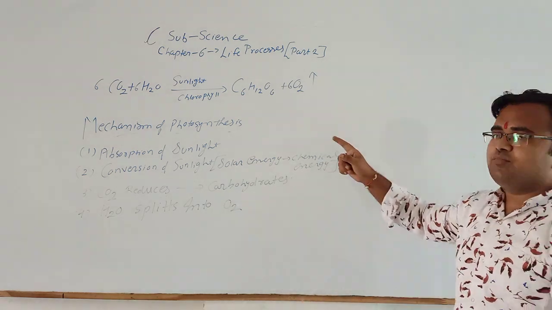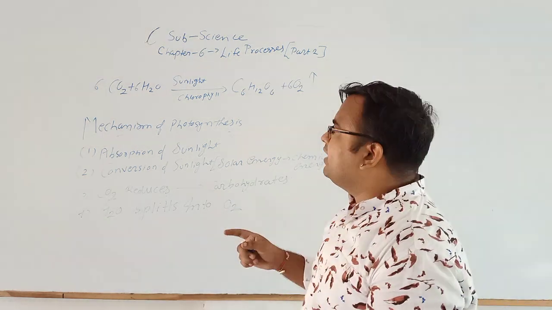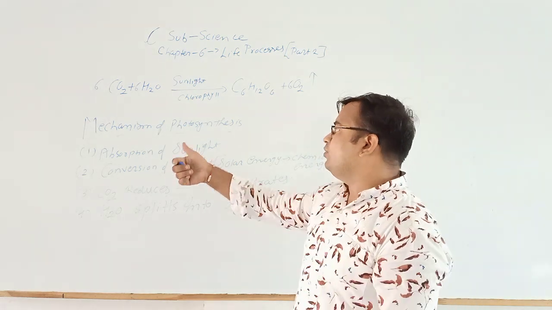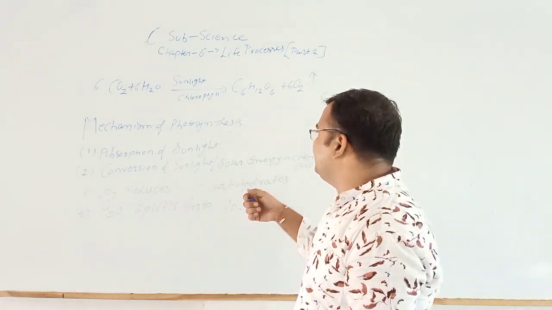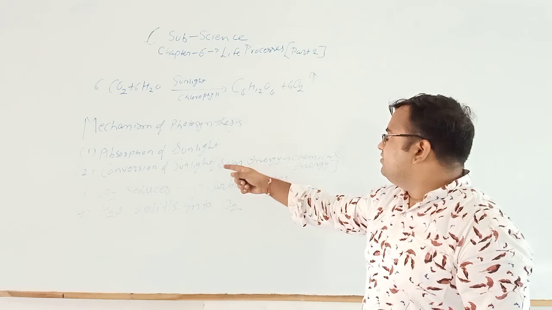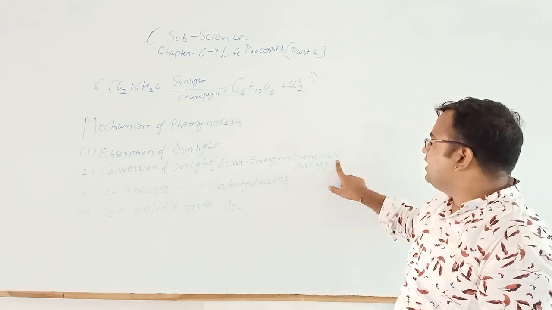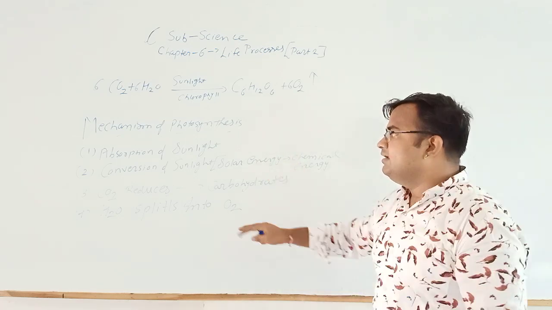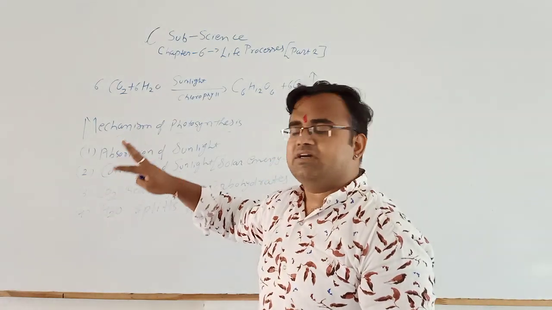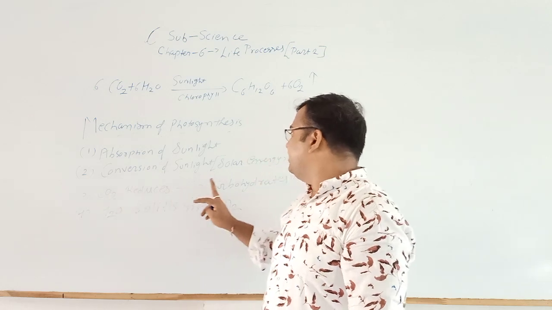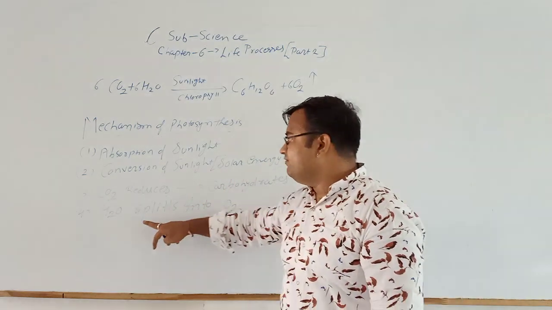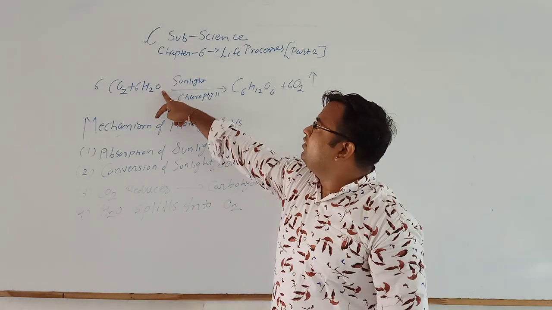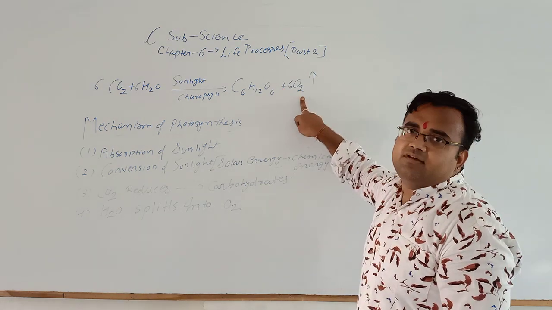Okay, this is the mechanism of photosynthesis: absorption of sunlight, conversion of solar energy into chemical energy, next is reduction of carbon dioxide into carbohydrate, and the final one is water is split into oxygen.